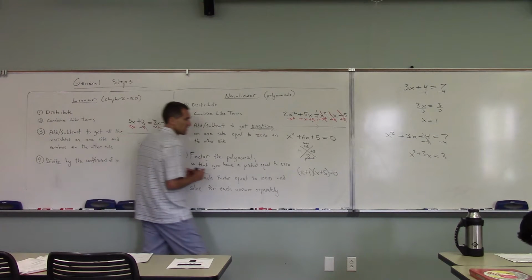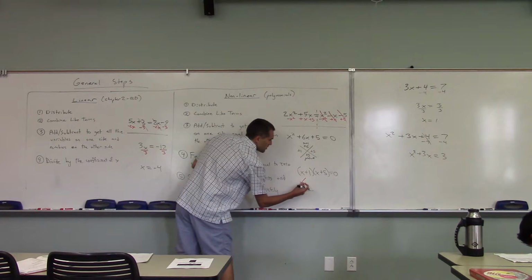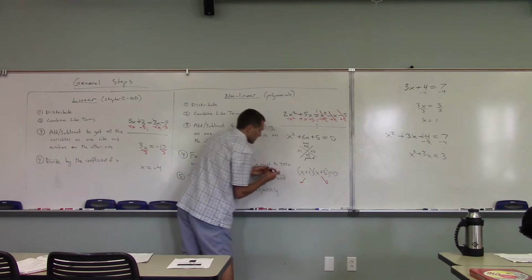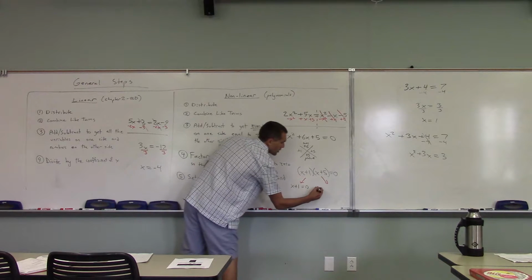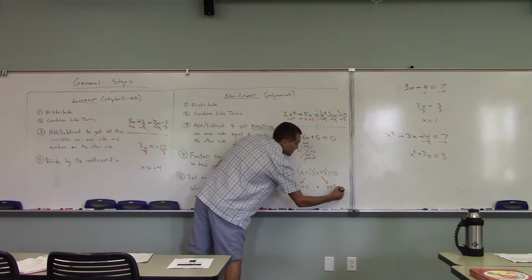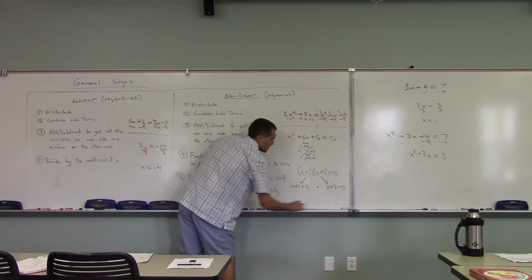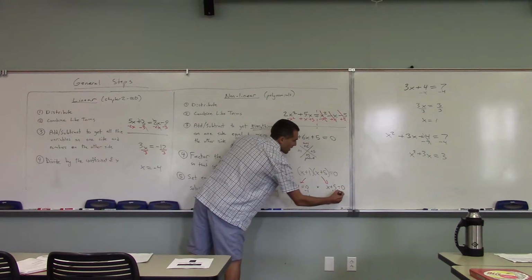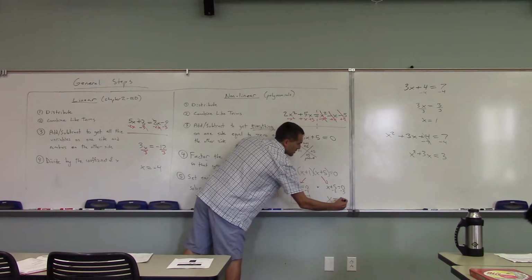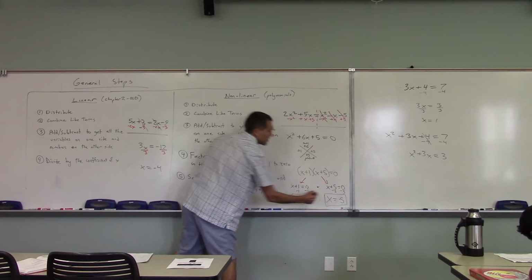Okay? So over here, this would become x plus 1 equals 0, or x plus 5 equals 0. So that would be minus 1, x equals -1, or minus 5, x equals -5.